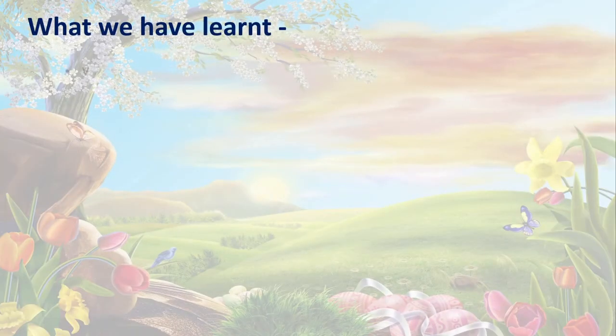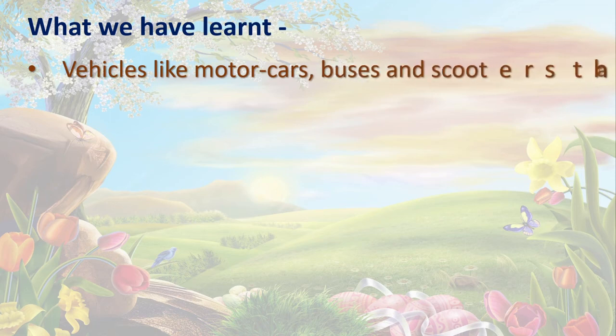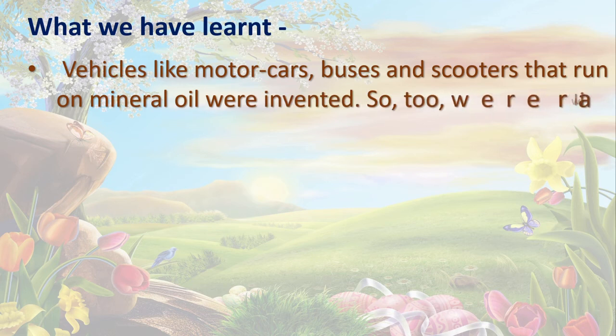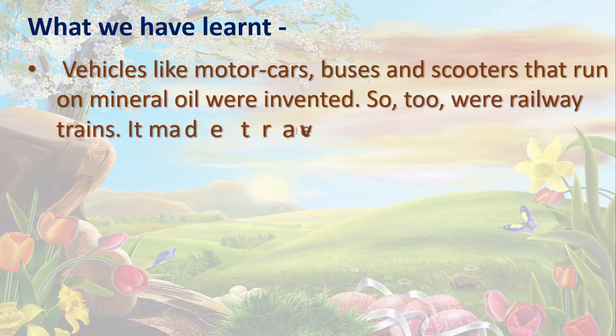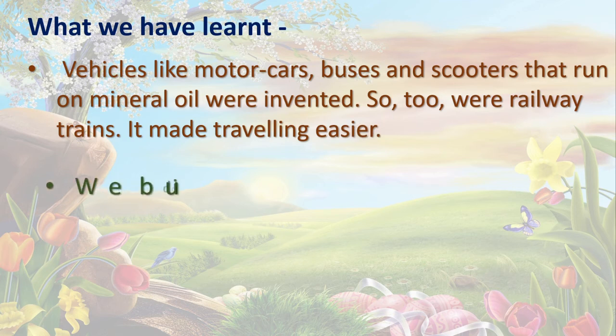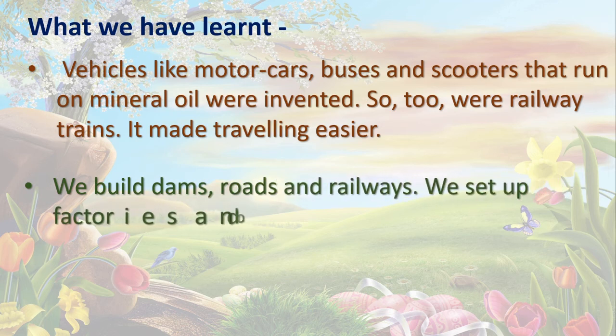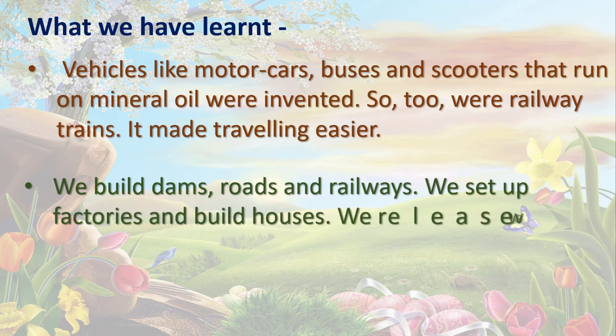Now, what have we learned today? Vehicles like motor cars, buses and scooters that run on mineral oil were invented. So were railway trains. It made traveling easier. We build dams, roads and railways.